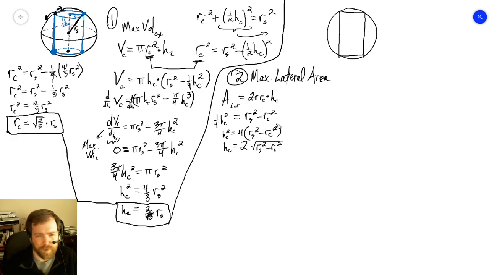Alright, so it makes it a little bit nicer in theory. This is then going to be the lateral area. It's going to be equal to 2 pi times rc times the quantity twice root rs squared minus rc squared.